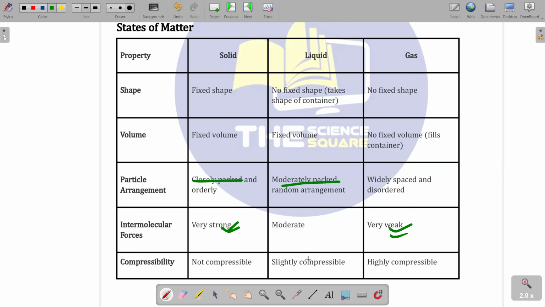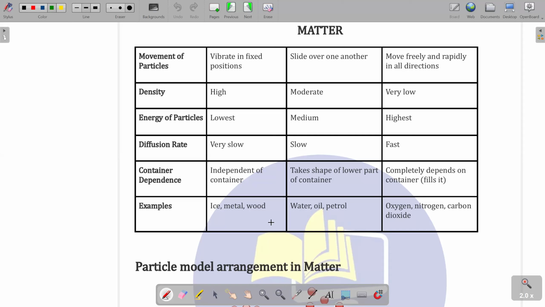Okay, let's look at some other properties. Some other properties of matter also include the vibration, the movement within the particles. The vibration in solids occurs as the particles vibrate in fixed positions, unlike that of liquid, where the particles slightly slide over one another, giving it fluidity, the ability to flow.